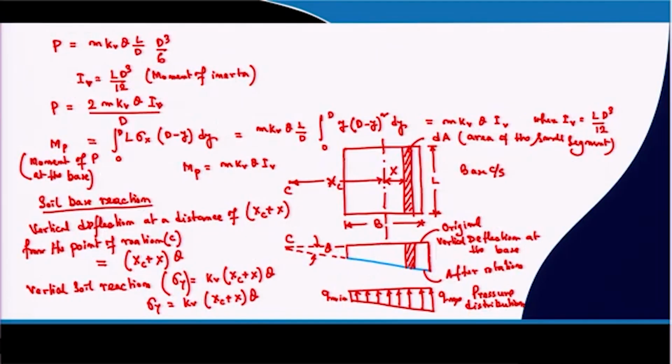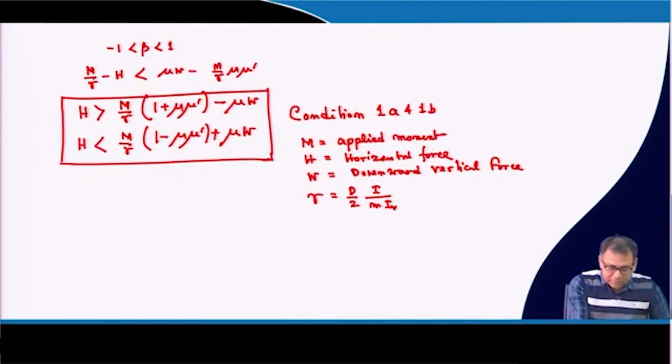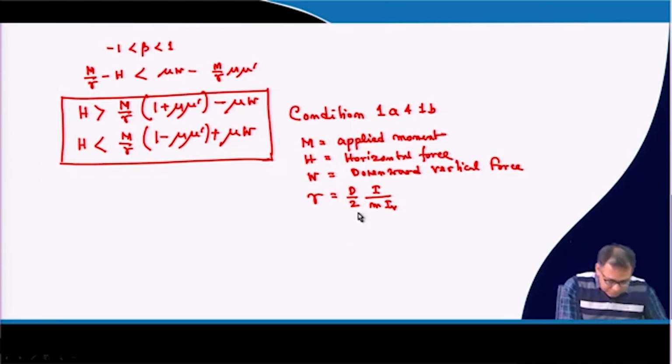That condition is that your H should be greater than m by r (1 plus mu dash minus mu w), or H should be less than m by r (1 minus mu dash)(1 plus mu w). Now, these are the values, and I have discussed what these values are.